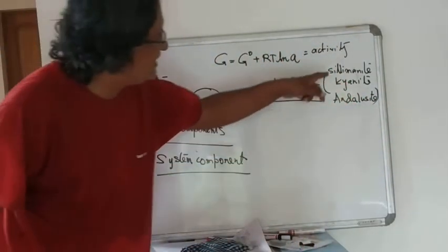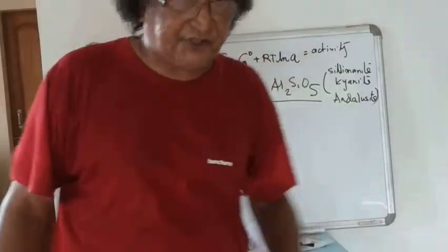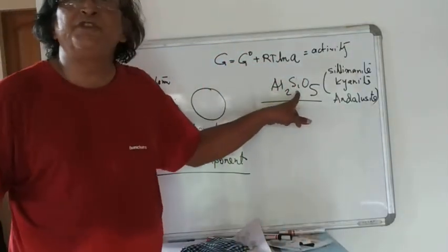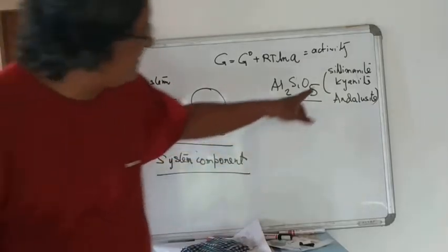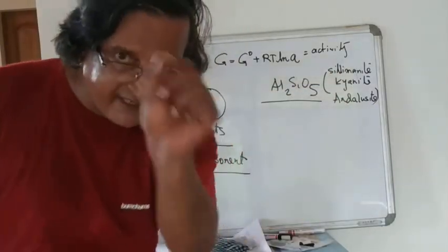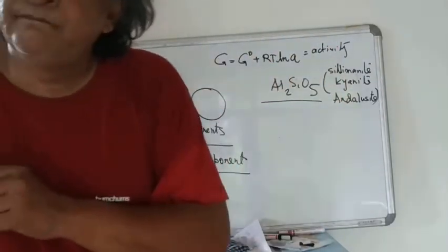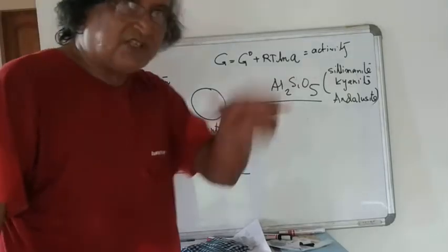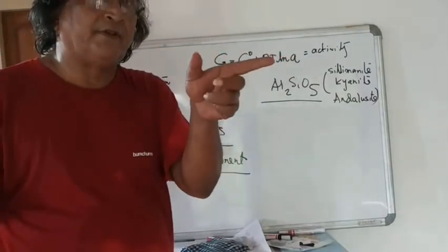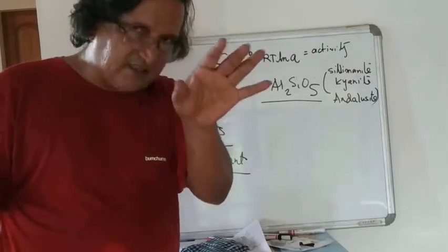That means sillimanite, kyanite, and andalusite are three polymorphs having the composition Al2SiO5. But they have very distinctive properties. They are different as far as phases are concerned, but their composition is the same, just like graphite and diamond. Their physical properties are different, but the chemical composition is the same.